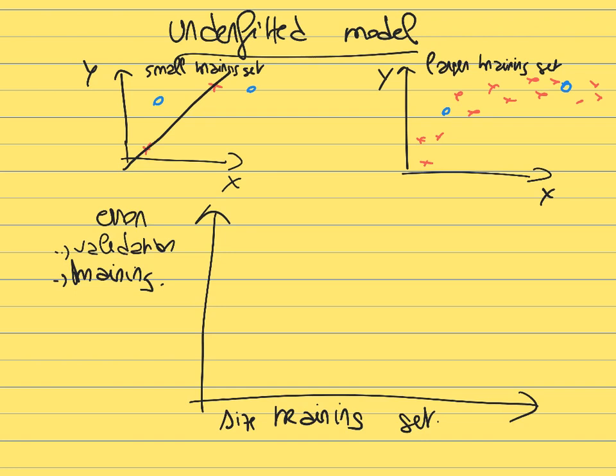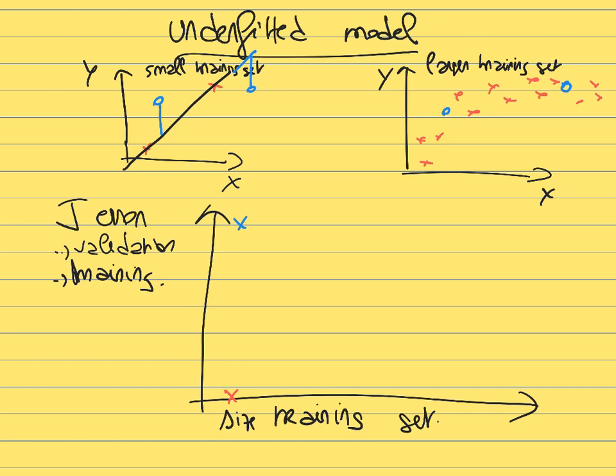So for very small training sets, the error J of your model will necessarily be very small, because initially you can find a model that is going to perfectly go through every single point of your training set, but you will have a very high error for the validation set. So initially it will look like this.